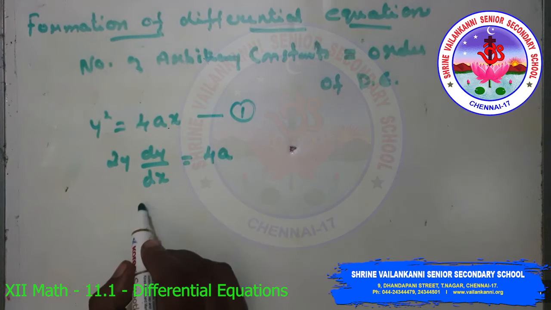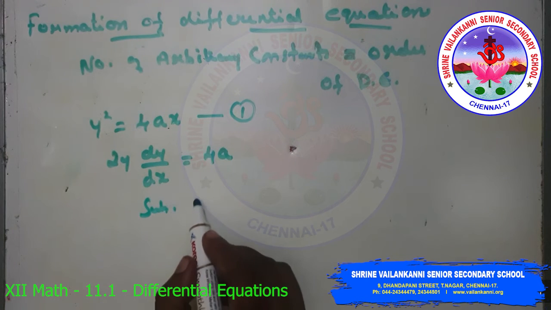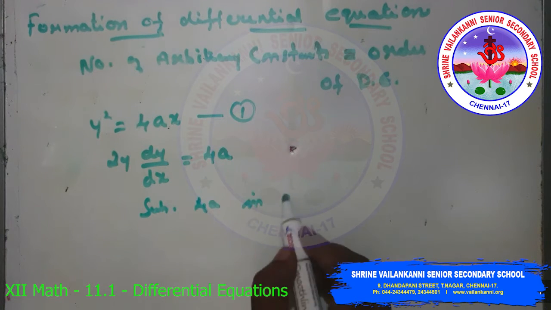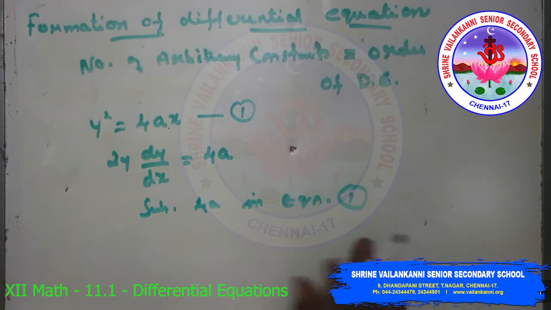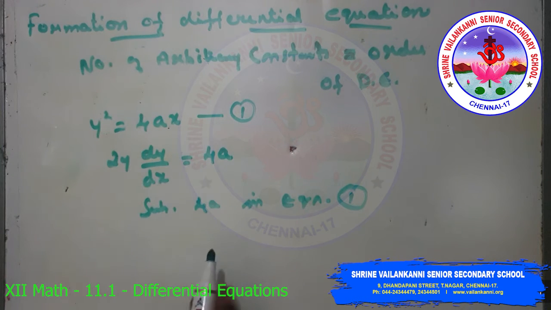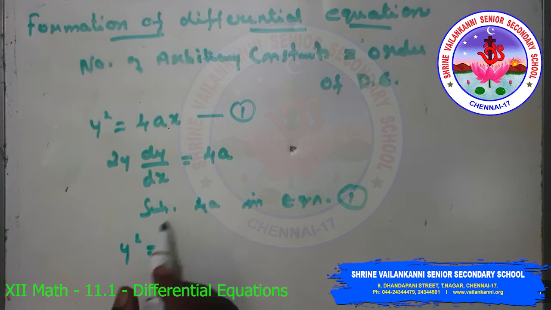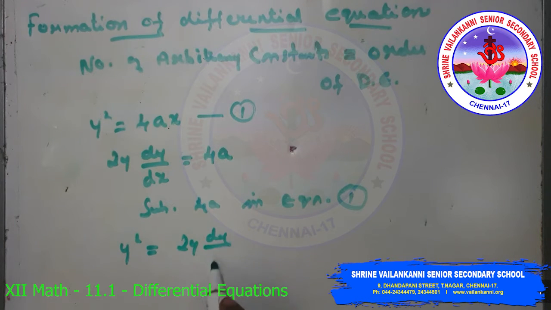Substitute the value of 4a in equation 1 to eliminate the constant. So y square equal to 4a, that is 2y into dy by dx, into x.